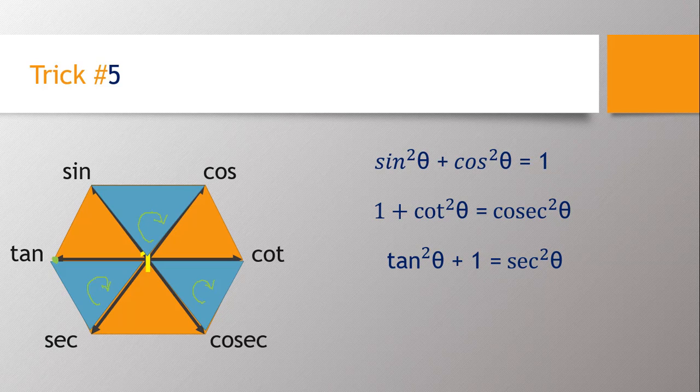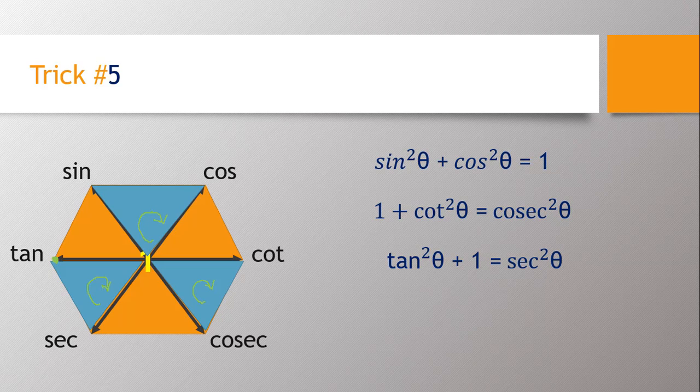One more thing to remember here, if you forget where to go in which direction, you can always remember that cot square theta plus 1 gives you cosec square theta. Similarly, tan square theta plus 1 will give you sec square theta. So there's a similarity here.